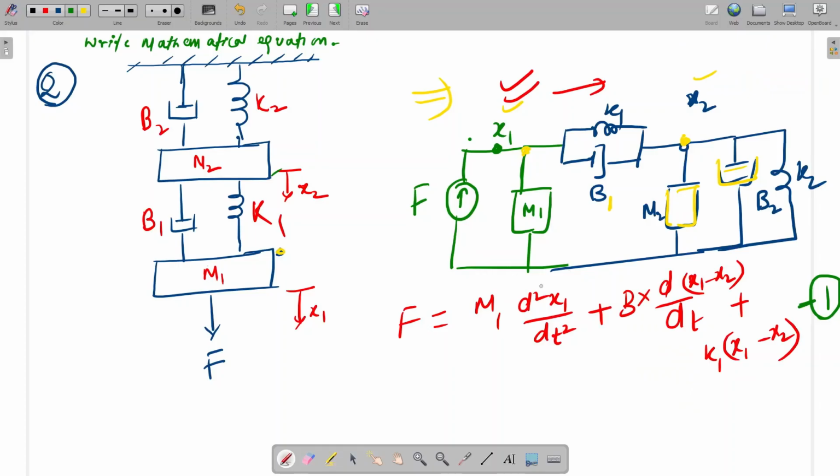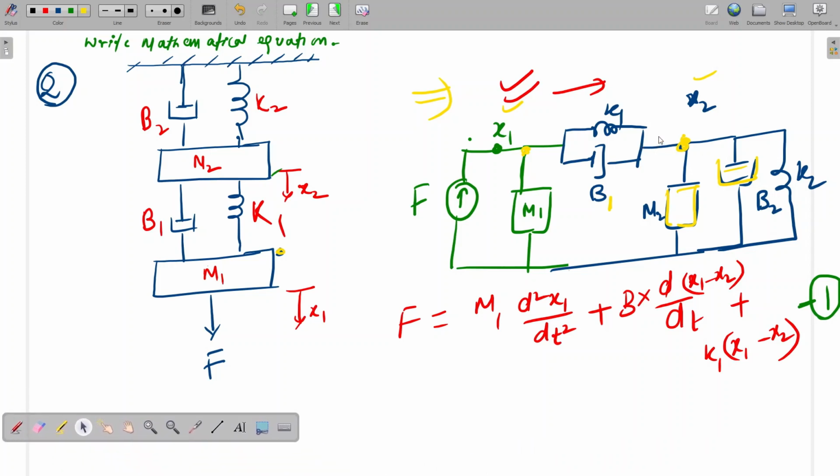Okay. So similarly, we can apply KCL at node 2. What will be the KCL there? How am I applying it here? The summation of all outgoing currents should be equal to 0. Here what I applied earlier was that this current equals this current plus this current. Here I am applying that the summation of all currents should be equal to 0.